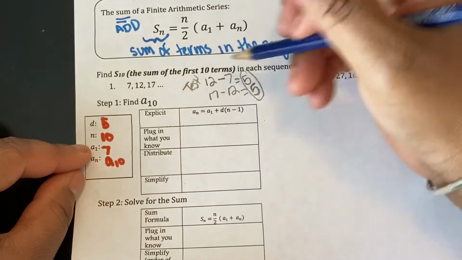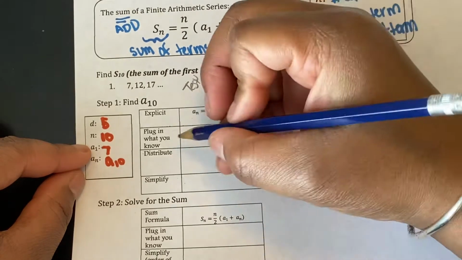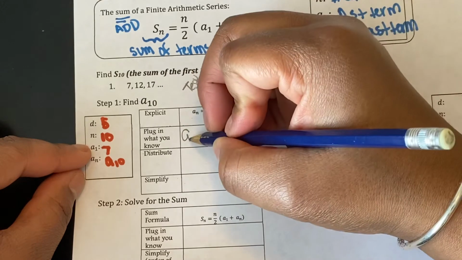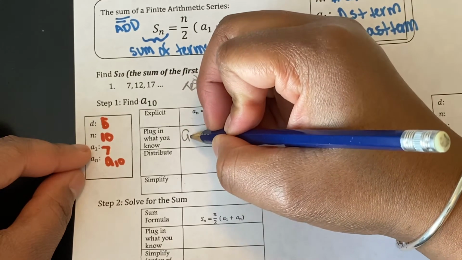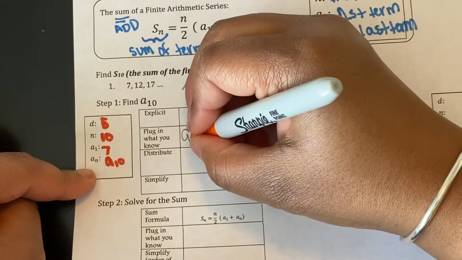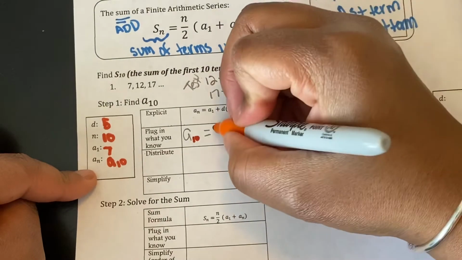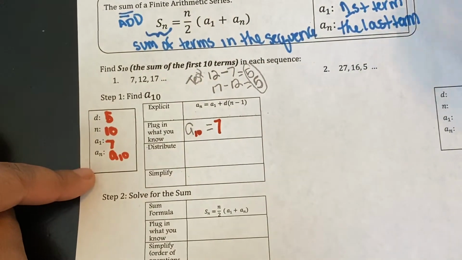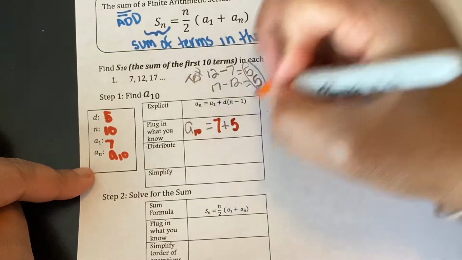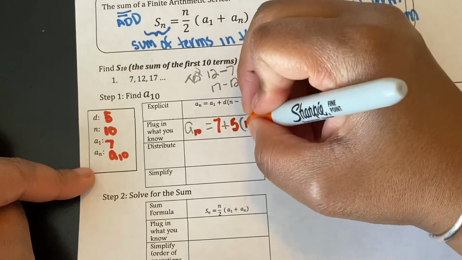So now our arithmetic sequence explicit formula is A sub n, which is now A sub 10, equals A sub 1, which is 7, plus your common difference, so plus 5, times n, which is 10 now, minus 1.